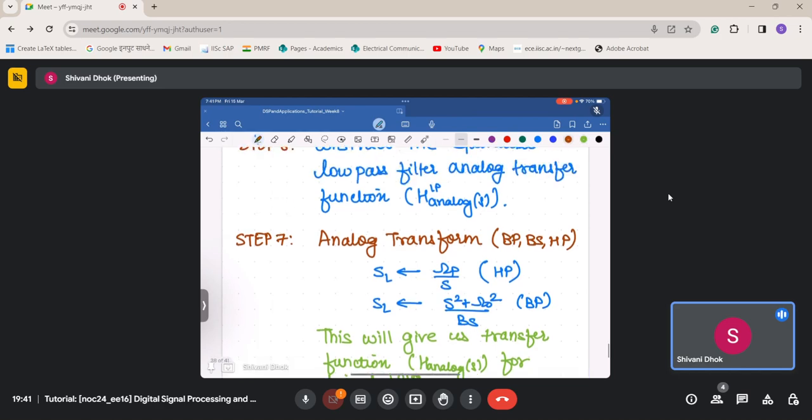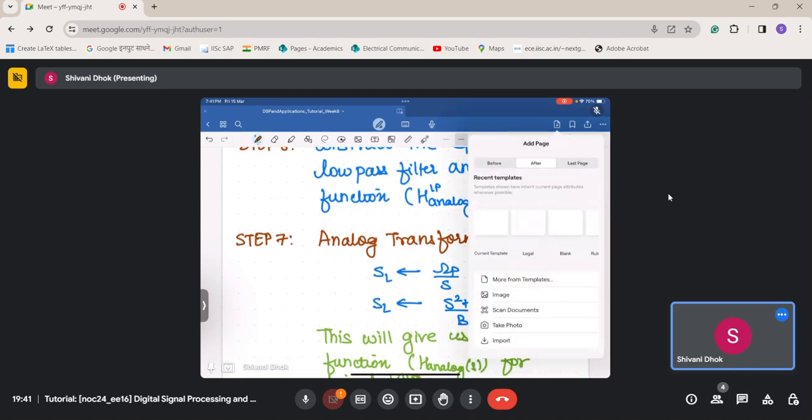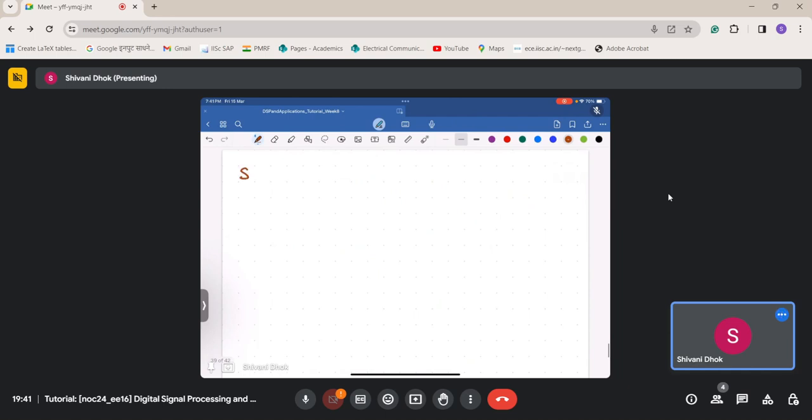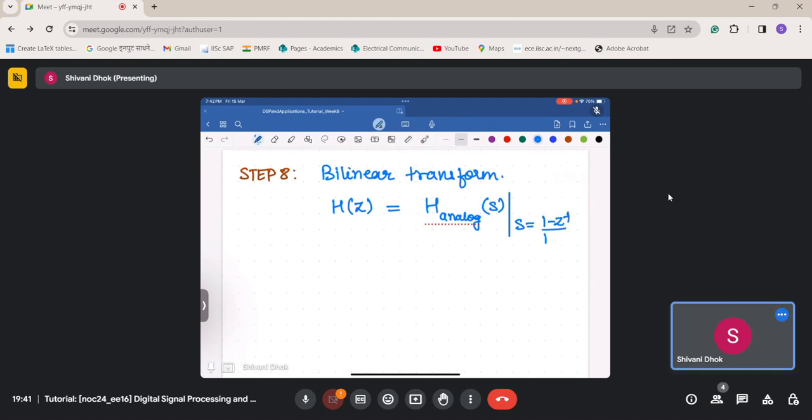Now we have the last step, step 8. This step says that we need to do the bilinear transform. That is, we need to find H of Z, which will be equal to H analog of S, where S we substitute as (1 minus Z inverse) upon (1 plus Z inverse).